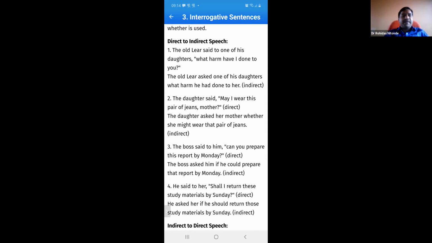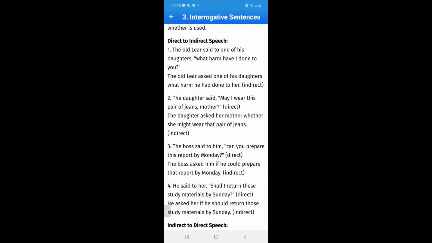Bhagwat, please read the direct sentences. Yes, Bhagwat Galande. The old Lear said to one of his daughters, "What harm have I done to you?" Okay. So, Sauta, please read the indirect one. What is the indirect of this sentence?